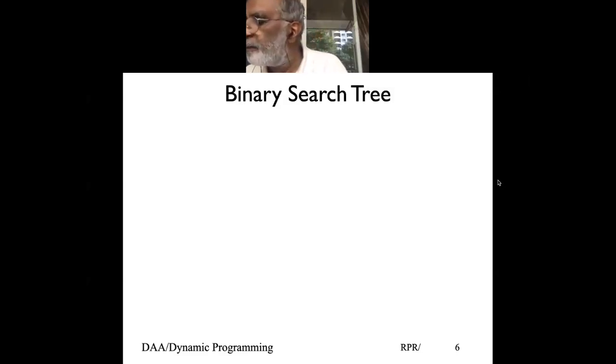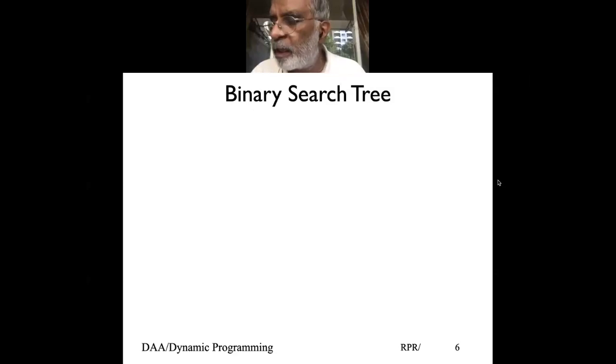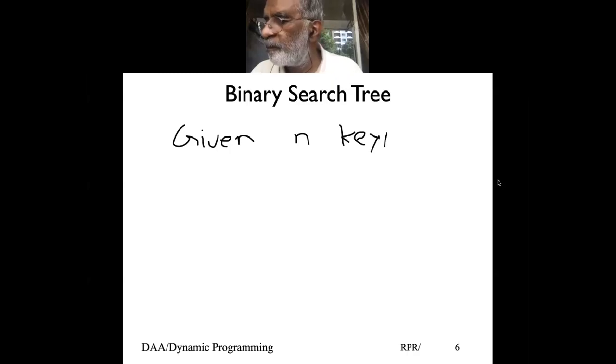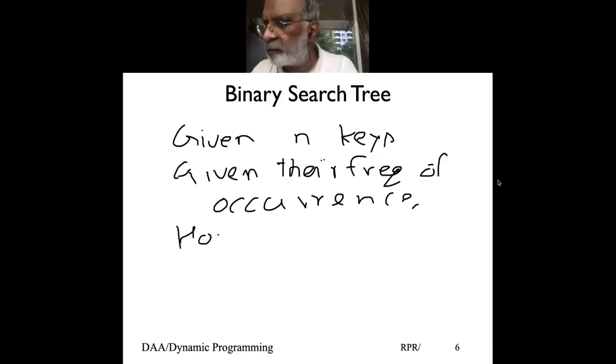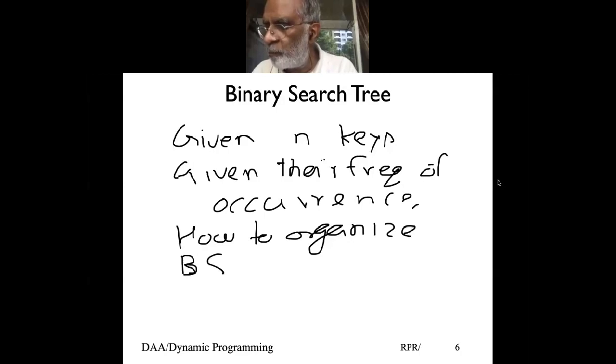So let me repeat again. My basic problem is, given n keys, given their frequency of occurrence, how to organize my binary search tree such that I get optimal search time.